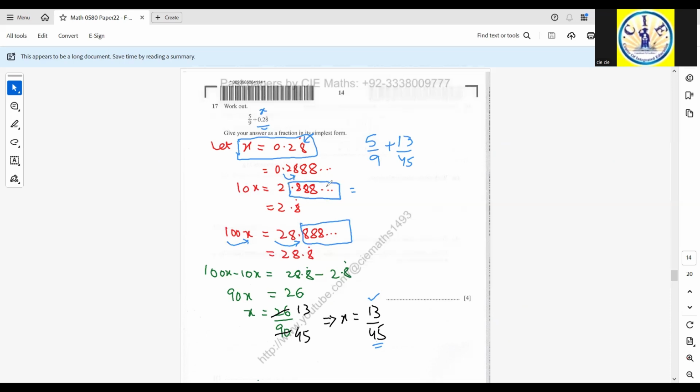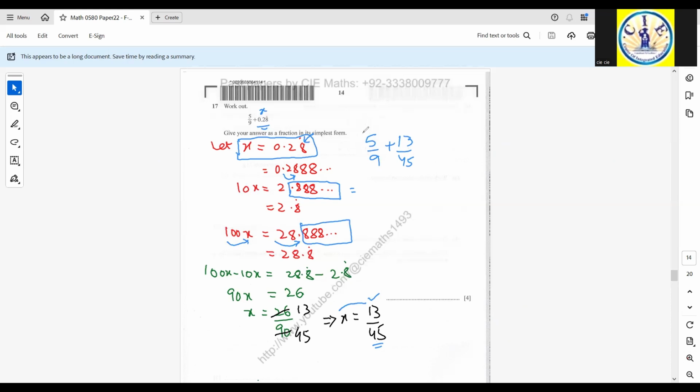So I can vanish this recurring decimal part by subtracting these two. That's what I've done. And now for this one, I get the value of x to be 13 by 45 here.